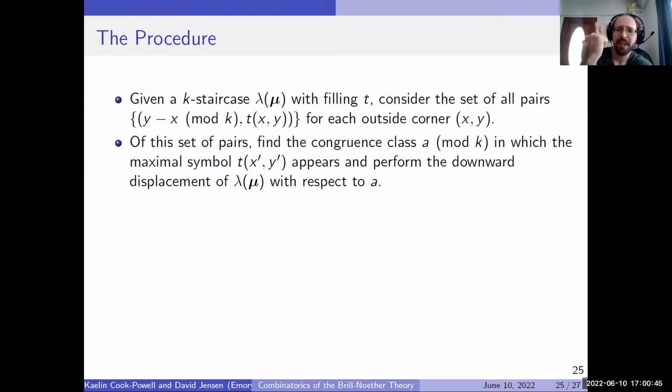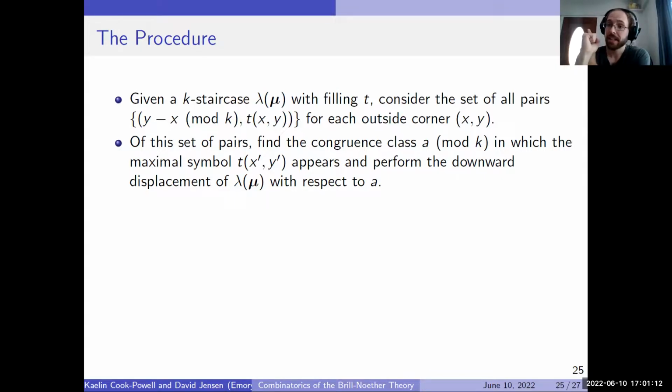Out of the set of pairs, I'm sorry, that shouldn't be outside corners there. That should be inside corners. So apologies about that. It should be symbols in your tableau. They should be boxes in your tableau. So look at all of the symbols in the inside corners that you can delete, and I want to find the biggest one.